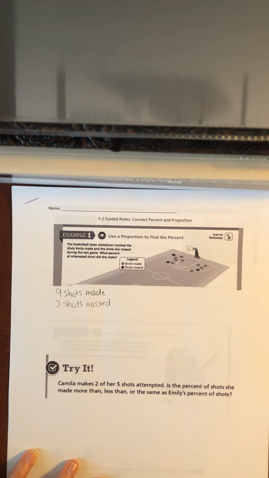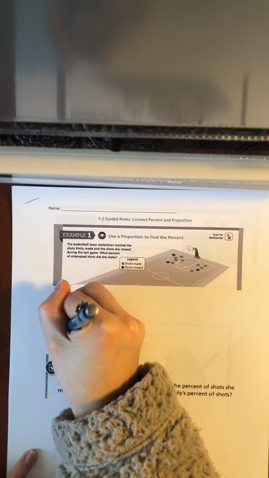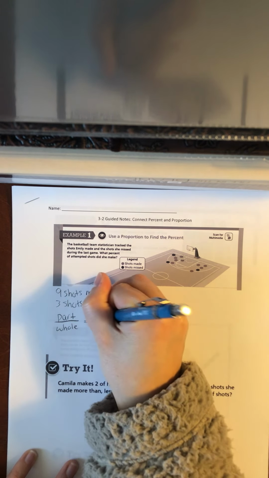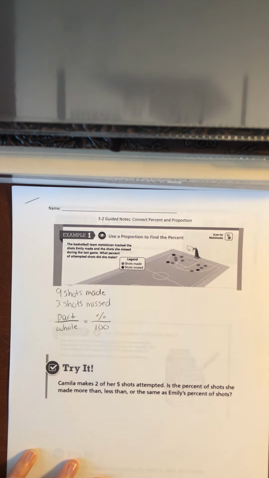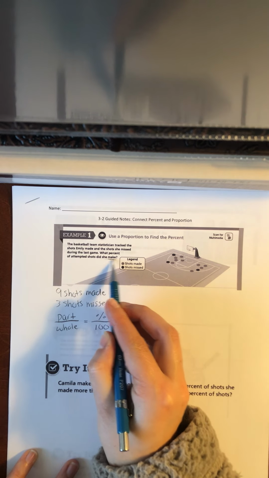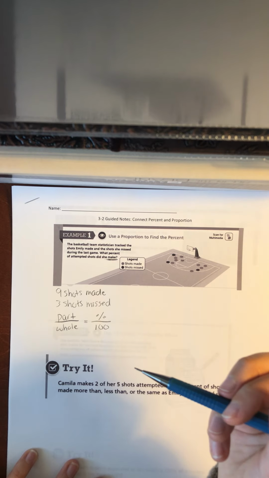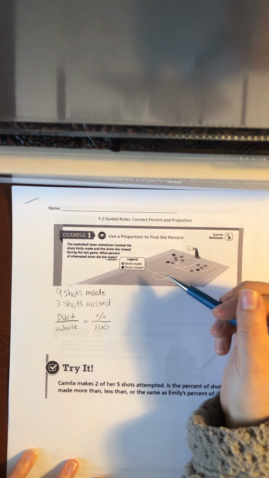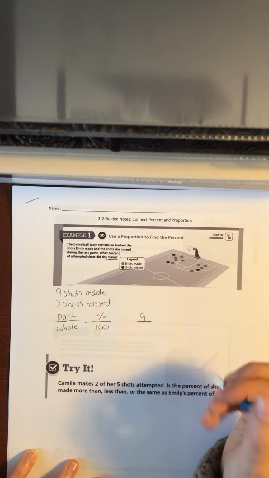When we set up these percent proportions, it's part over whole equals percent over 100. So it says, what percent of attempted shots did she make? The part is how many shots she made, which was 9, over the whole.